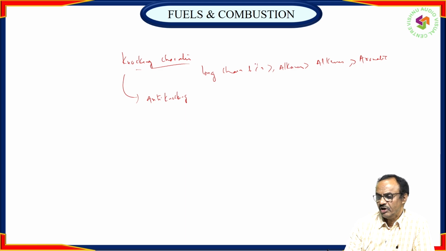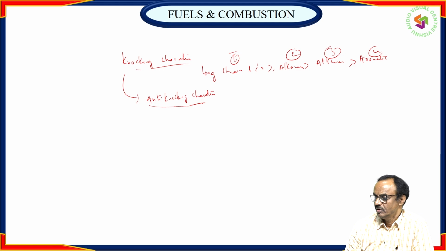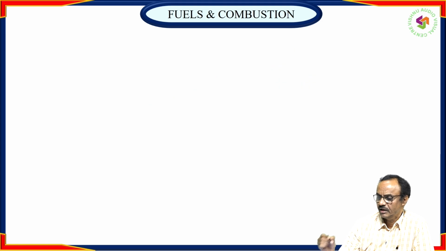Long chain hydrocarbons have high knocking character, so anti-knocking character is the positive word we need to write. Like numbers 4, 3, 2, 1, high anti-knocking character goes with the higher number.